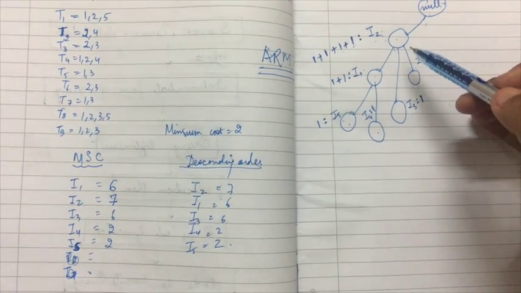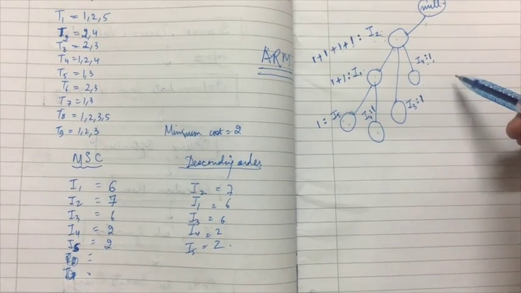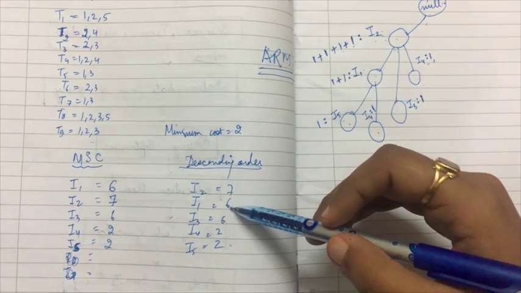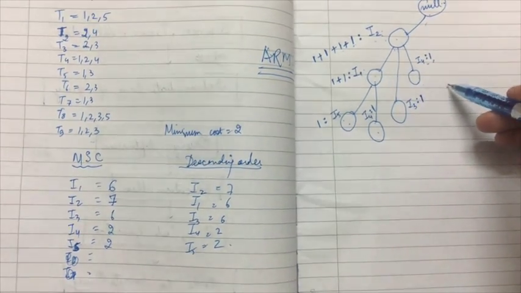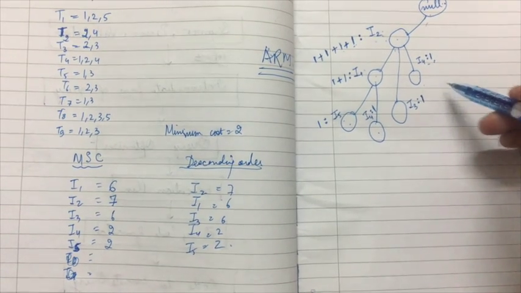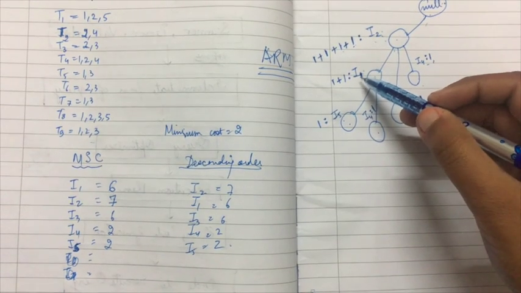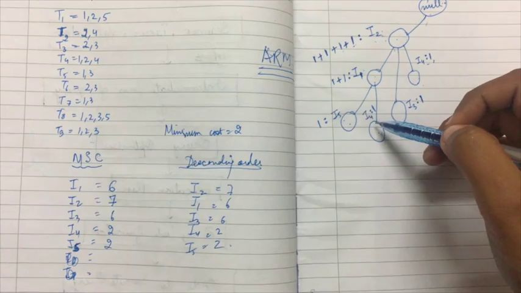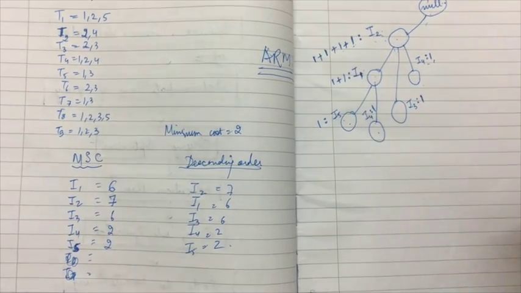If there's something overlapping, I can obviously use that. And why did I not take this other path? Because I4 has a lower count than I1, so I1 has to lie before I4 in the tree. I cannot write I1 over here. This will be wrong. I have to write I1 over here because I1's count is 6 and I4's count is 2, so I4's count is lesser, and it has to lie below I1 in the tree.